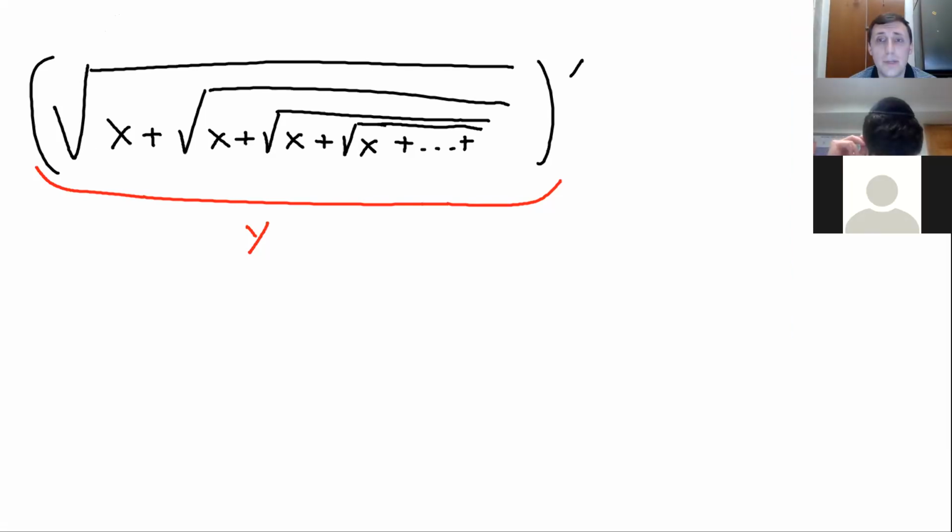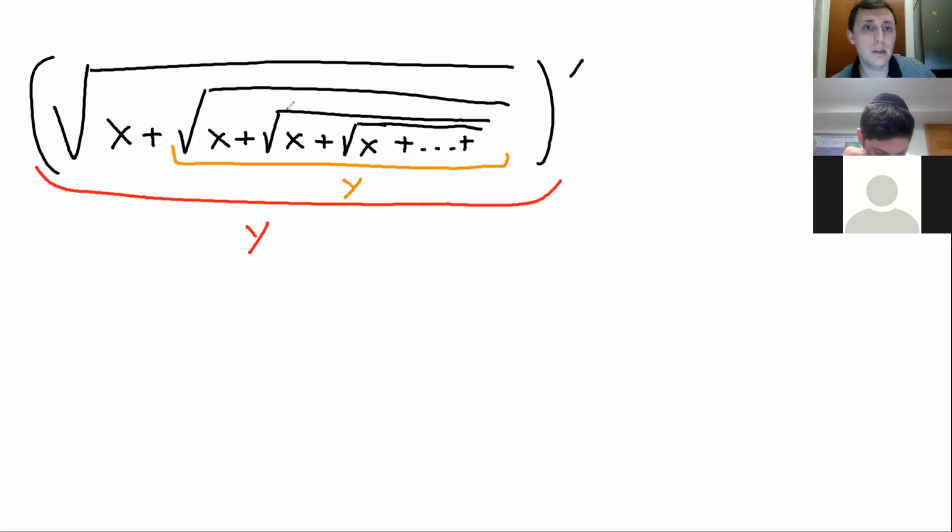If this is y, then this here is also y. And so we have this equation: y is equal to the root of x plus y.